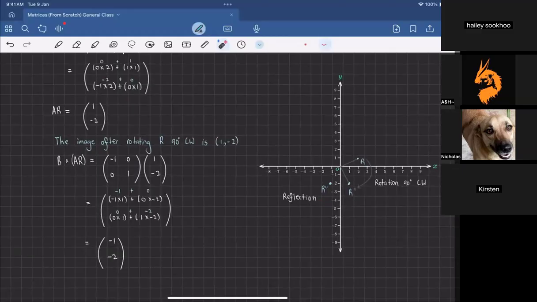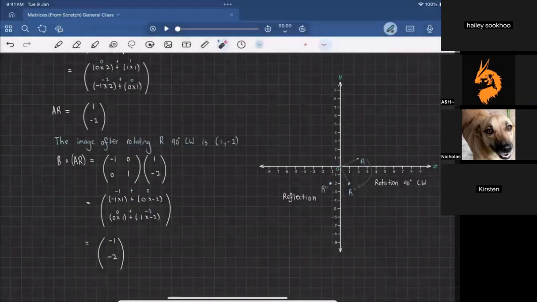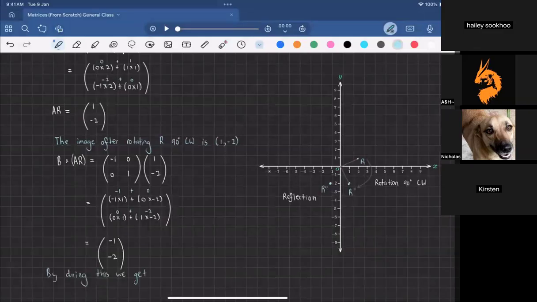So to get that answer, I take this point here and I multiply it by B. Remember, what does B do? It's reflecting it about the y-axis.